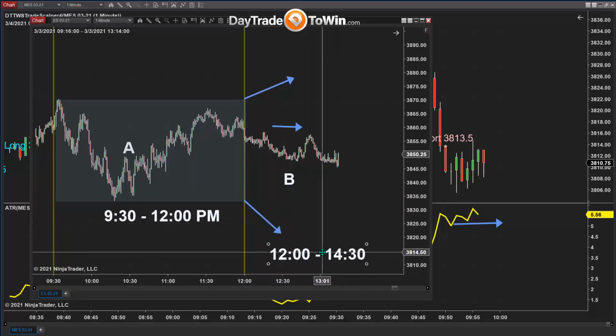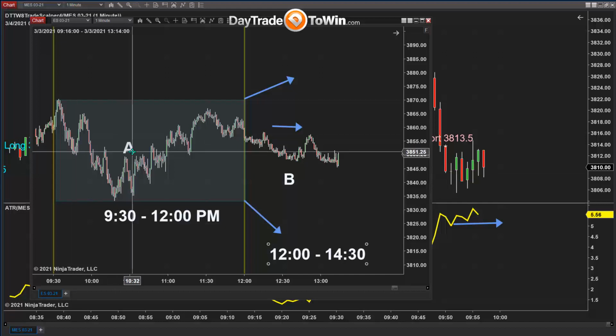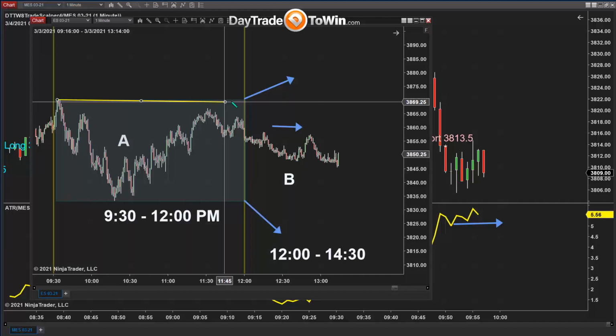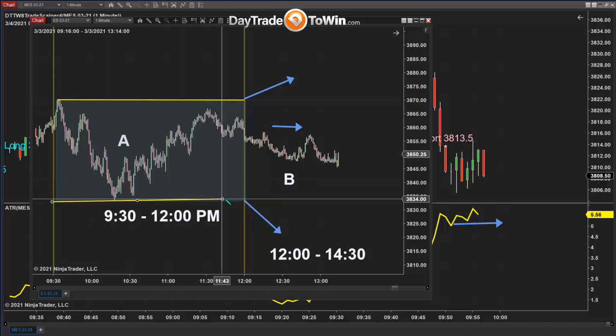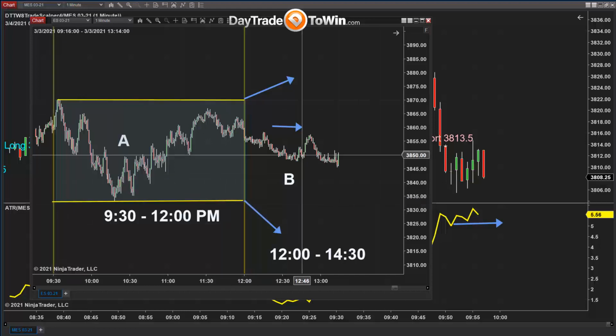Every trend, every day that is a trending day, so this is very important, every day that is a type of trend that we can look back after the day has ended has this characteristic. The market usually breaks out of the range of the highest high and the lowest low. And when it does, it usually continues.